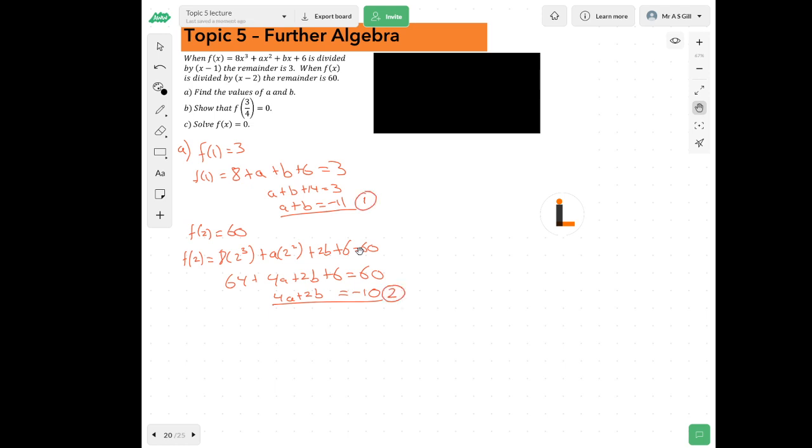Now I'm going to rearrange this first one to make B the subject, and then substitute it in. And then you can find the values of A and B from there.